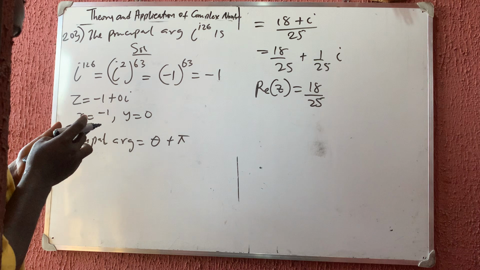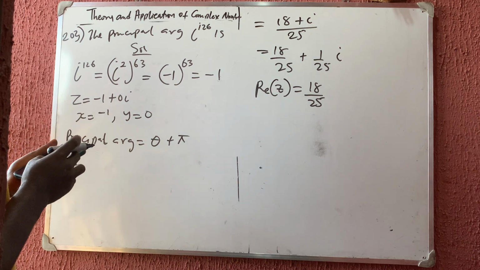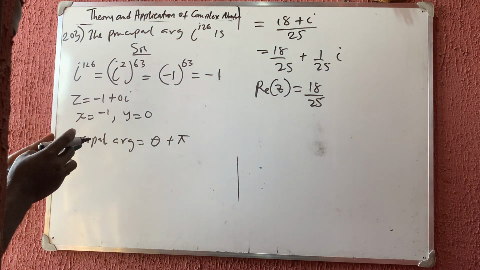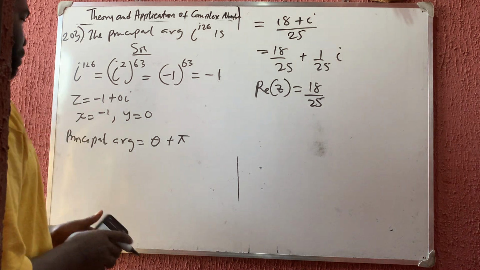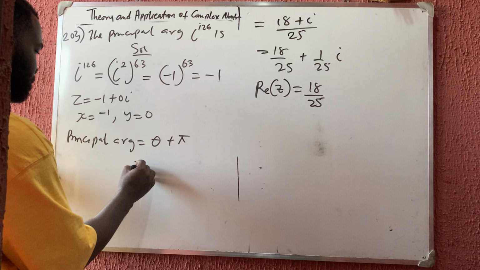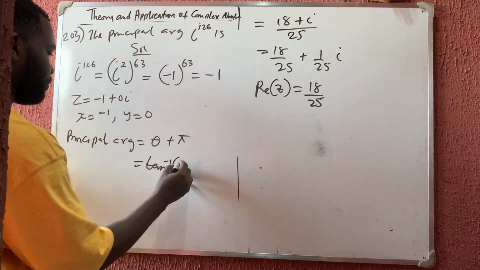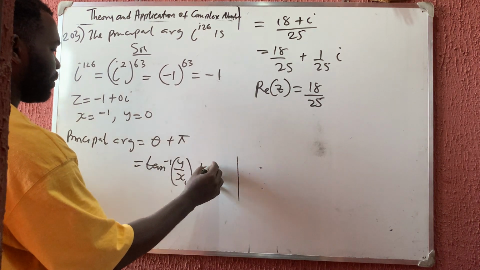Normally, to get the principal argument it is the tan inverse of y over x, then plus pi.